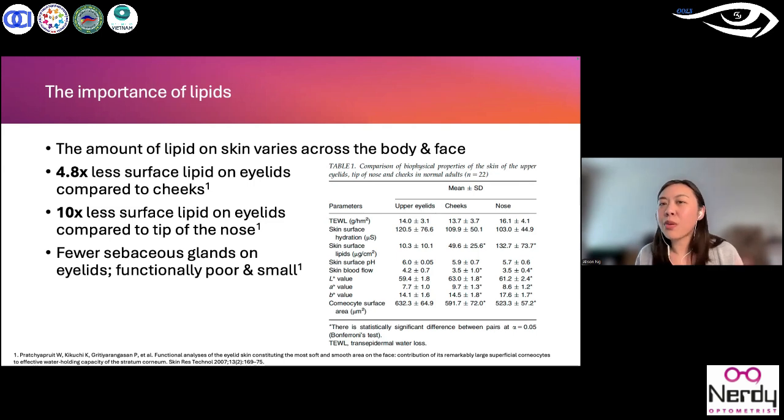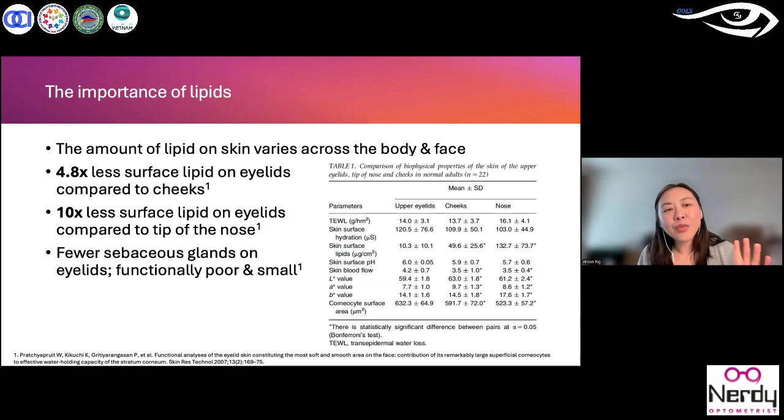And that's probably not a surprise to most of us, as we're very much aware of skin and how patients describe their skin. We talk about the oily T-zone that some patients have. So some of these statistics might not surprise you too much, but for some patients who have dry skin on the cheeks, for example, it might be a surprise, where you think, okay, I didn't think cheeks would have that much more oil compared to eyelids, but the eyelids have even less oil compared to the cheeks.